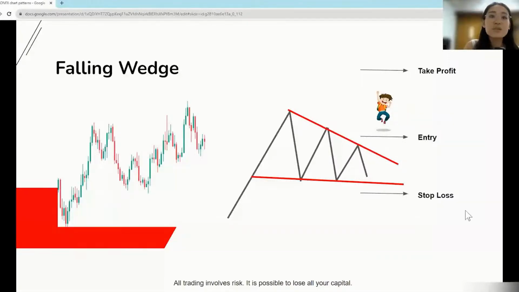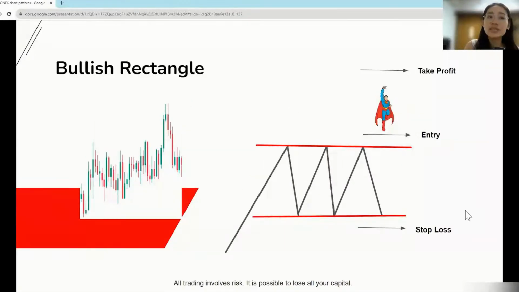Okay. So our next continuation pattern that we want to talk about is the bullish rectangle. Similarly for bearish as well, it's about the same, just opposite areas, or rather opposite direction. In this case, for our bullish rectangle, we have three swing highs, though it doesn't have to be three. If you can see in our example with the candlesticks, it's just a consolidated area in which price is testing the upper boundary and the lower boundary, or resistance and support level.